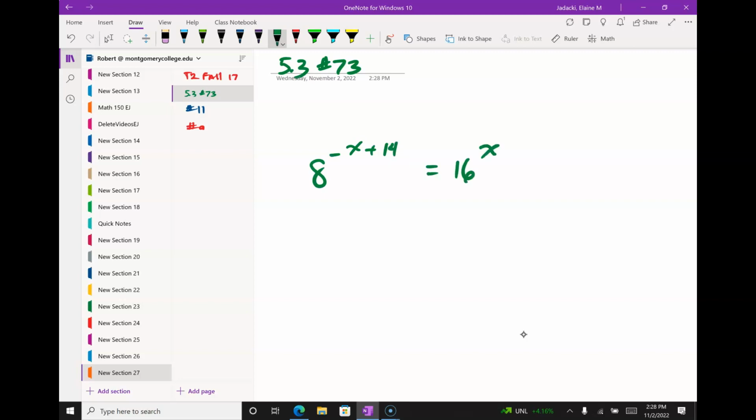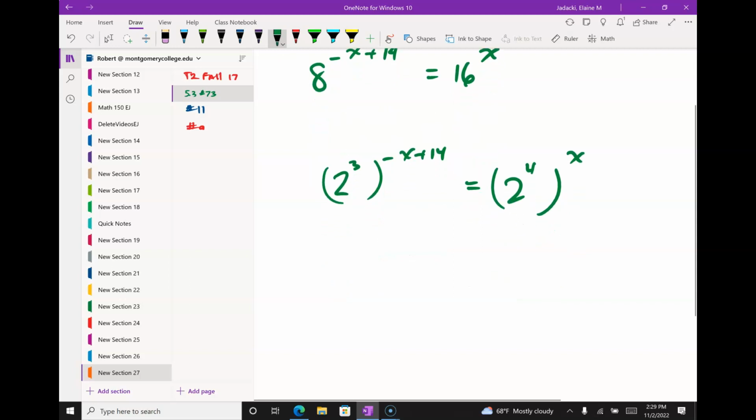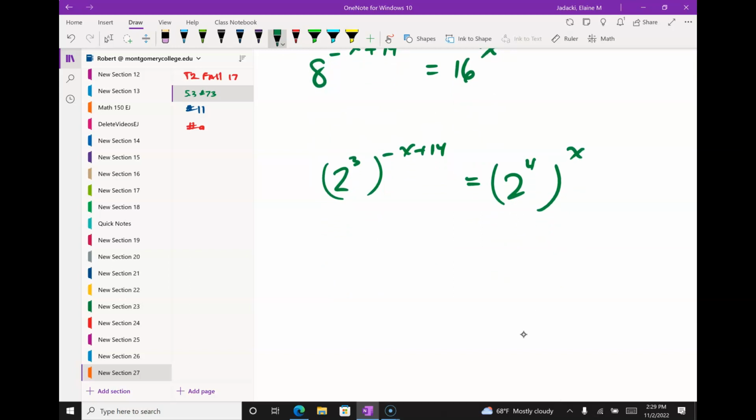So this is again one of these with a base of 2 on both sides. I can do this 2 ways, and let me do it 2 ways, because the one I'm going to have you do is not going to work this first way. So I know that 8 is 2 to the third, right? And 2 to the fourth is 16. And when I'm raising an exponent to an exponent, I multiply them.